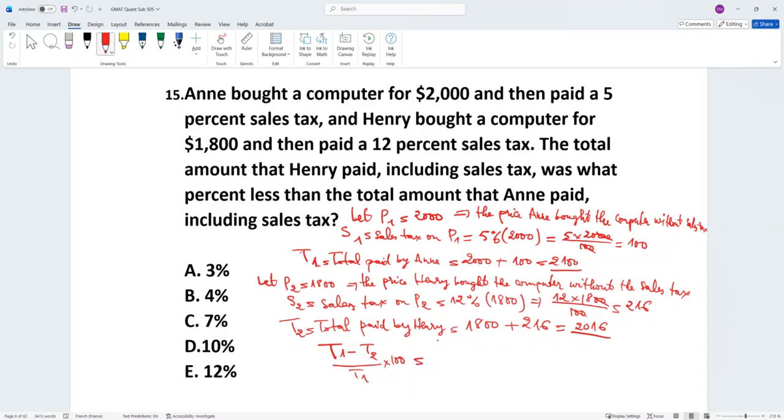So it is simply going to be equal to T1 we found here, which is 2,100, minus T2, 2,016, over T1, 2,100, times 100.